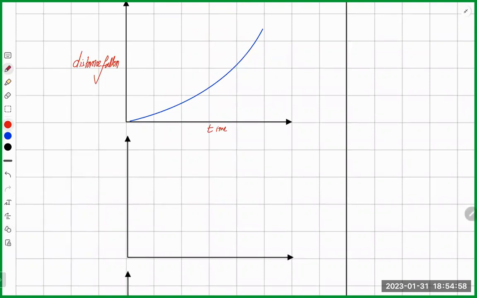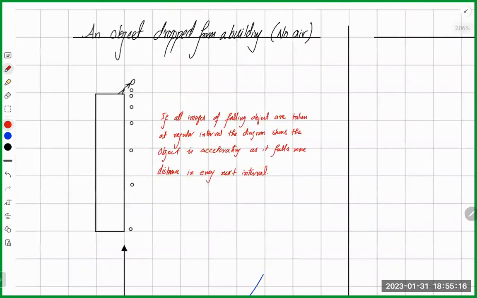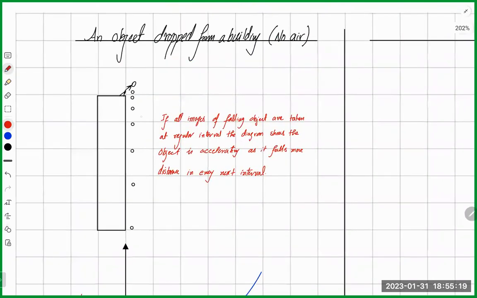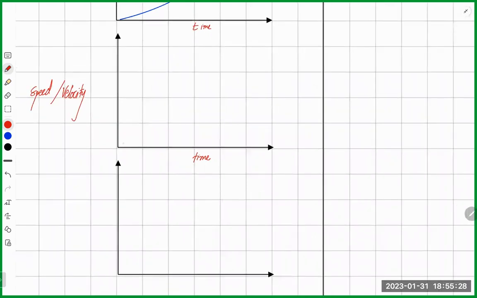Now, what about velocity and time? And in this case, because the object is just moving in single direction, so velocity and speed will have same graph. And remember, because everything is going downwards, so we are considering downward as positive. So speed will be increasing.